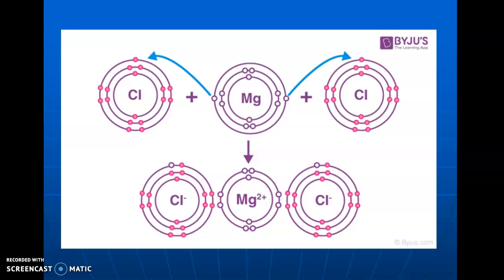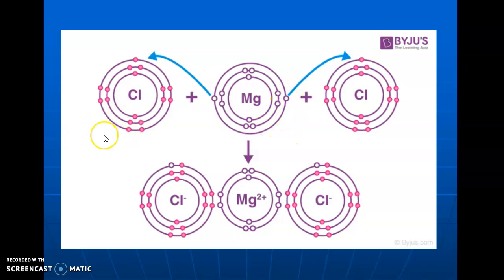So we looked at sodium chloride, where sodium has just one electron to get rid of, and chlorine has just one to gain. But it doesn't have to be a 1-to-1 ratio. If you take a look at this, we have magnesium, which is an alkaline earth metal. So it has its 2 valence electrons that it wants to get rid of, right?